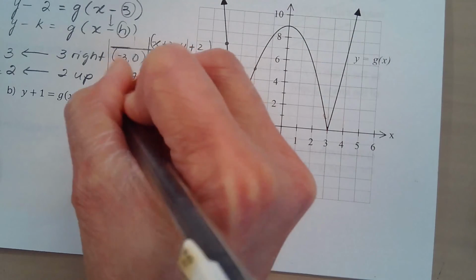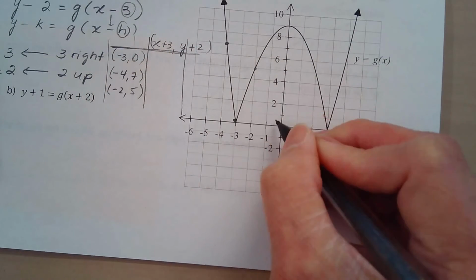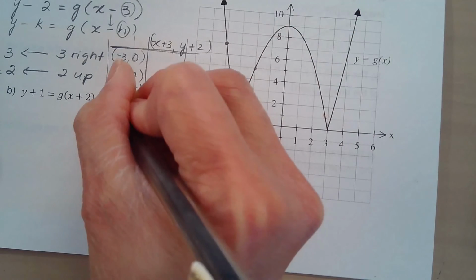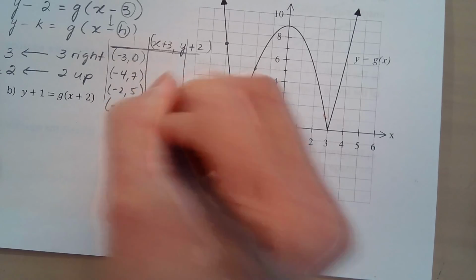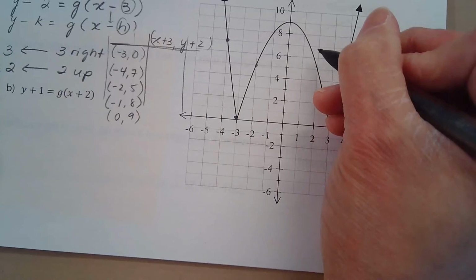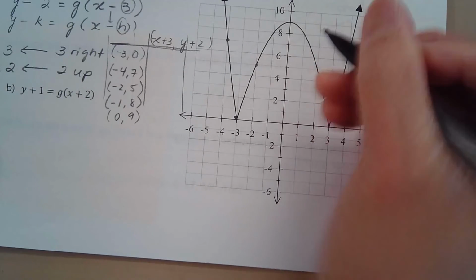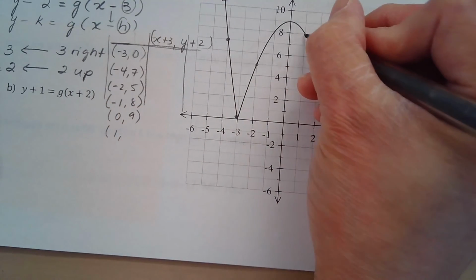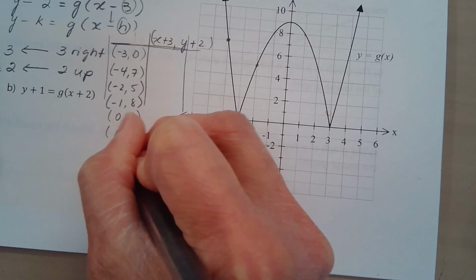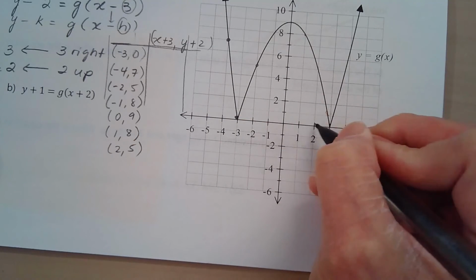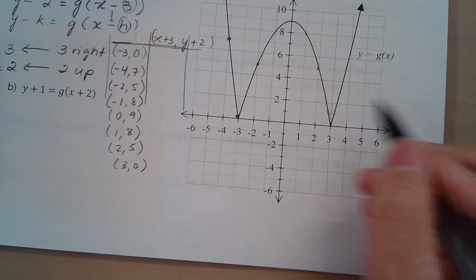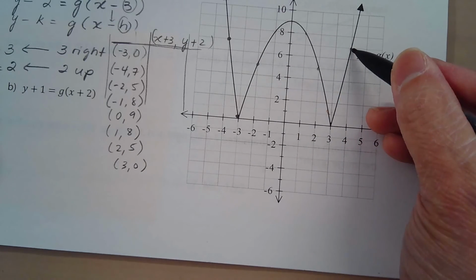Negative 1 and 8. 0, 9. 1 and 8. 2 and 5. 3 and 0. And then there's one more in here, 4 and 7.